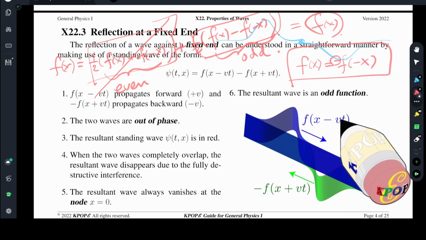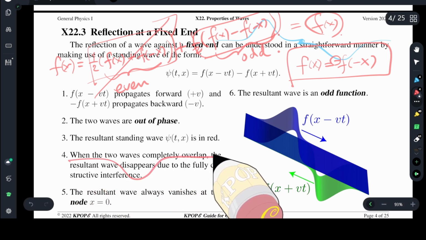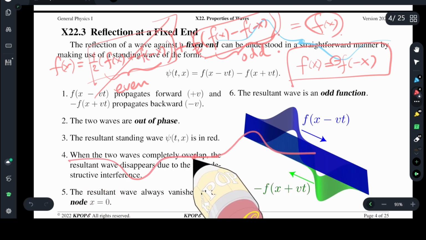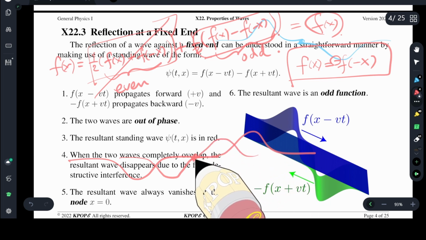And we find this kind of shape. This is an odd function at some point in time, and as time goes on, it propagates, and still it is an odd function. So let me just look at the point x equals 0.